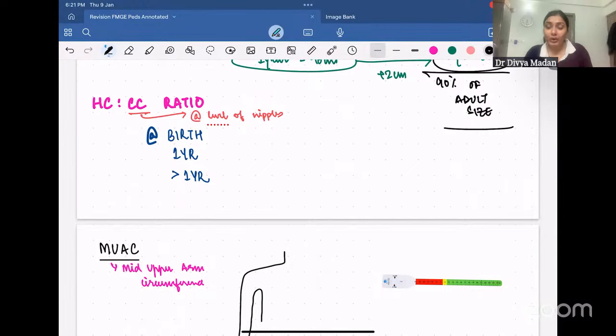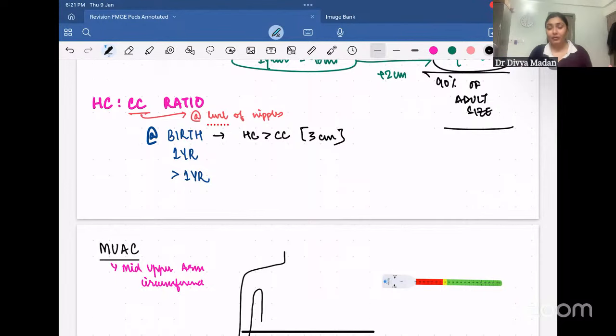Why is this important? We know at birth, the head size is big as compared to the body. So at birth, my head circumference is going to be more than my chest circumference. And this difference is said to be 3 centimeters, right? As the child grows, the chest would also grow, the body would also grow.